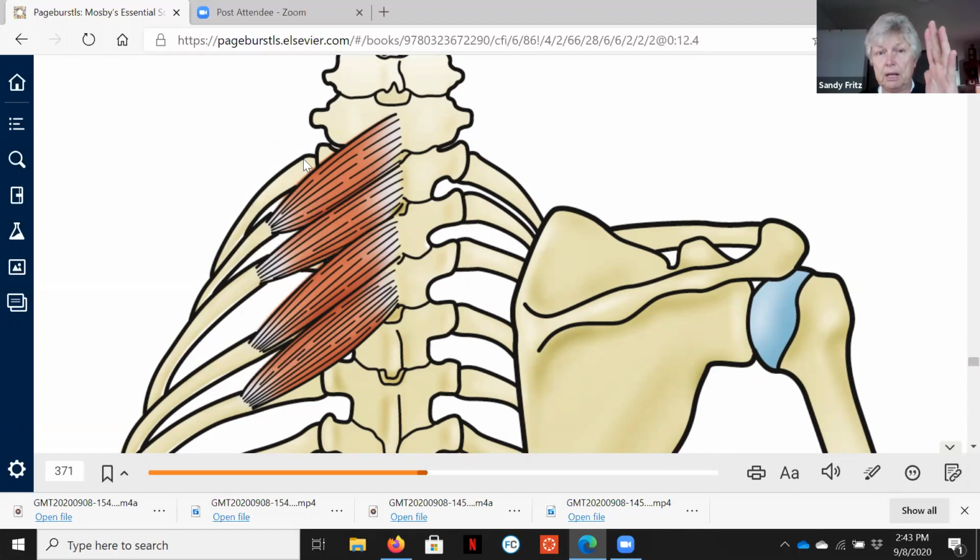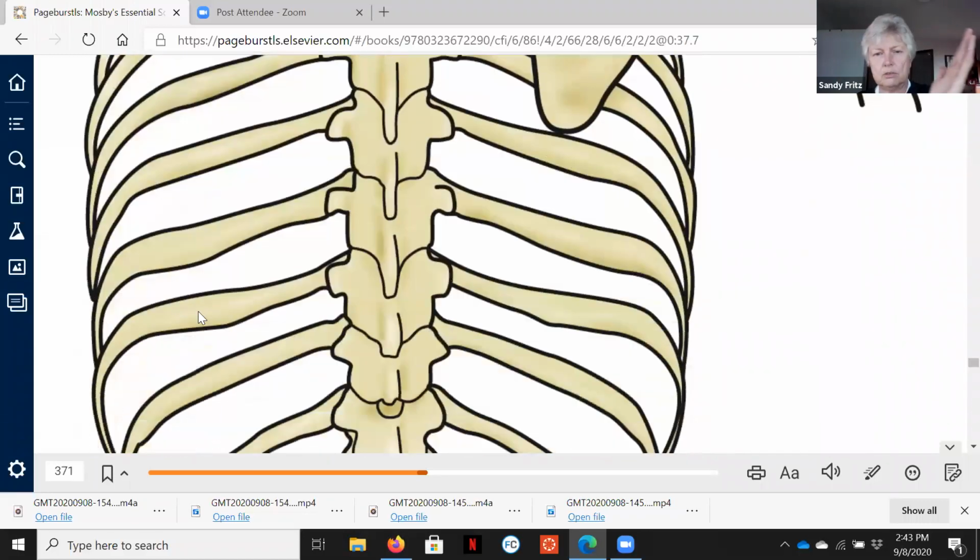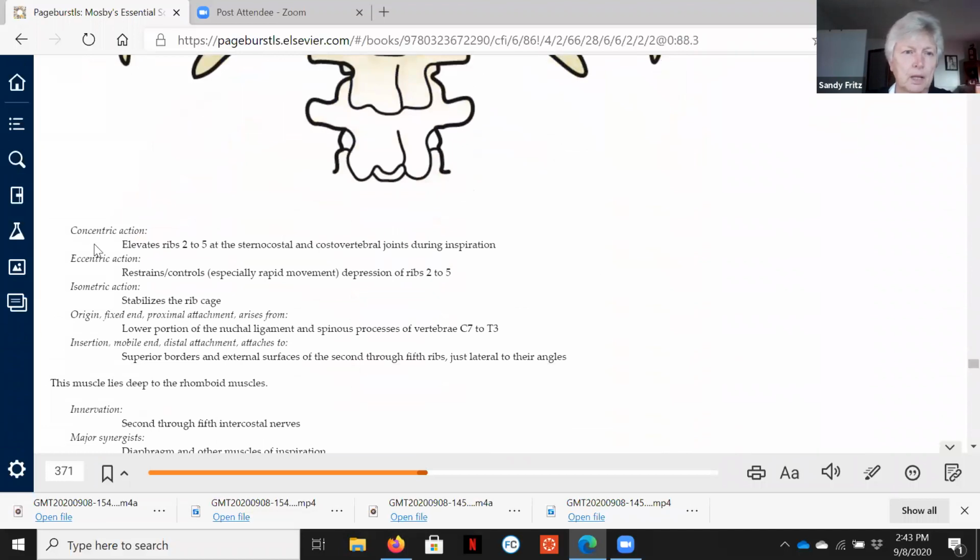So in our general thought, we had this set up so that it functioned more on the frontal plane. On the thorax here, it's going to lift these ribs in a bucket handle shape movement. So it gives you the concentric action. This is what happens when it pulls. So it elevates the ribs.